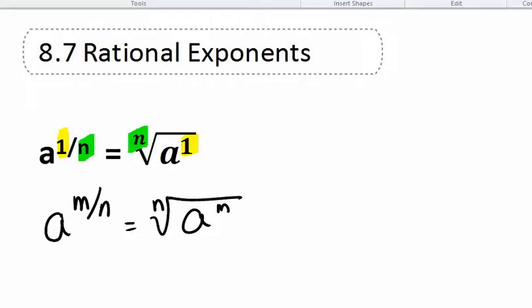One thing to also note, you'll notice that I put the exponent of m underneath the radical. It really can be written either way. I can write it next to the a just like that, or it can go on the outside. They're interchangeable.